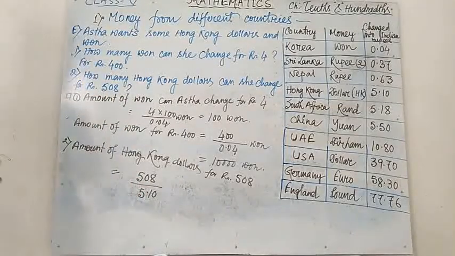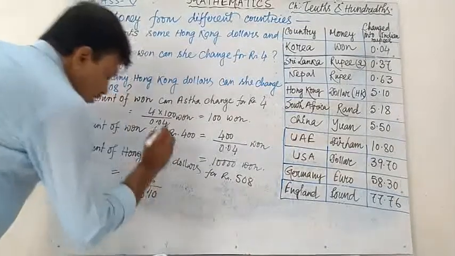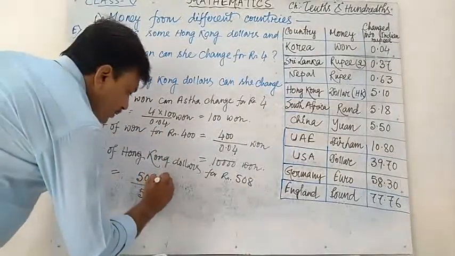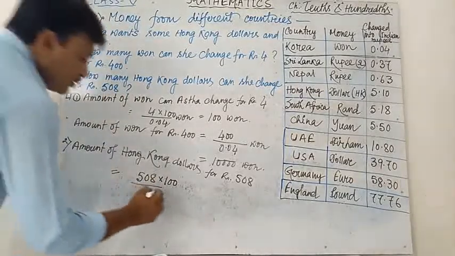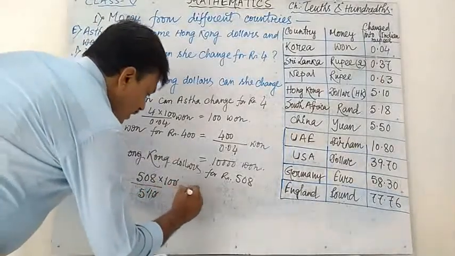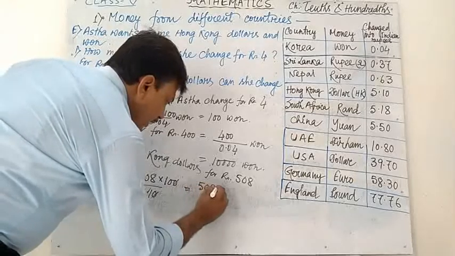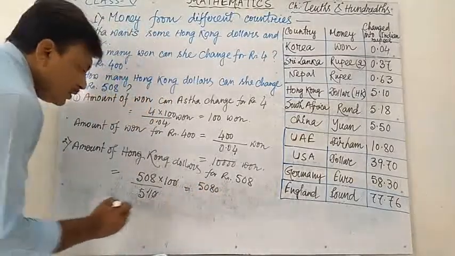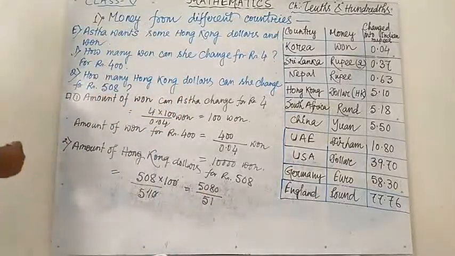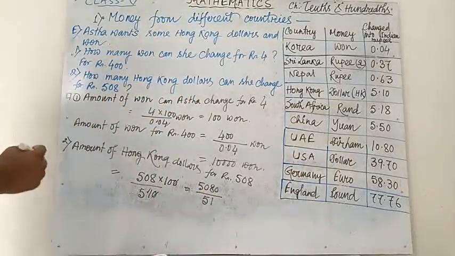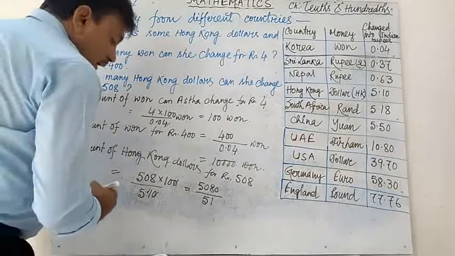Just remove the point here and multiply with 100, so 58000 divided by 5100, that is 580 divided by 51.